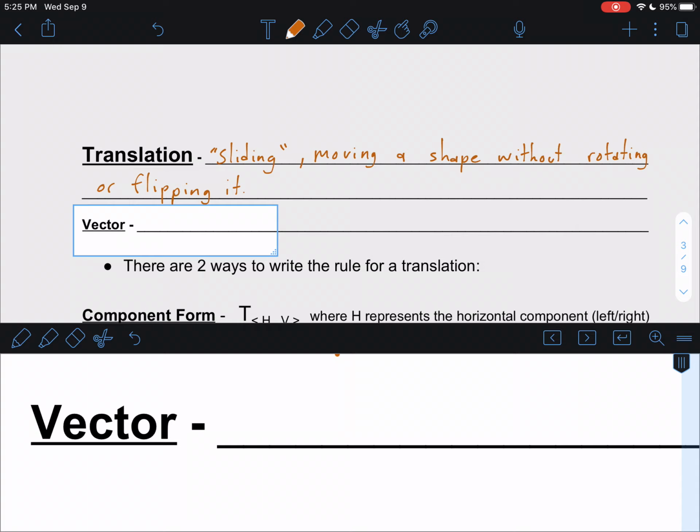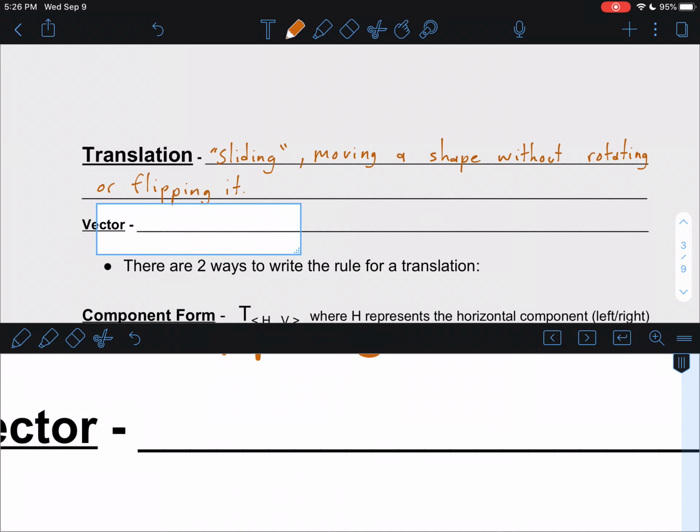And then we have this next vocab word here, vector. So a vector, well, I'm trying to think about how to describe this.